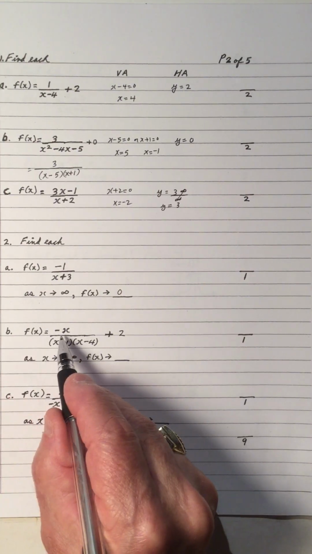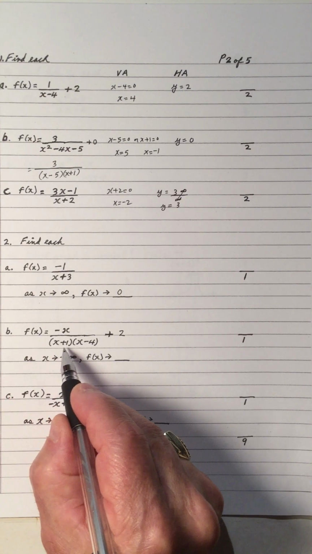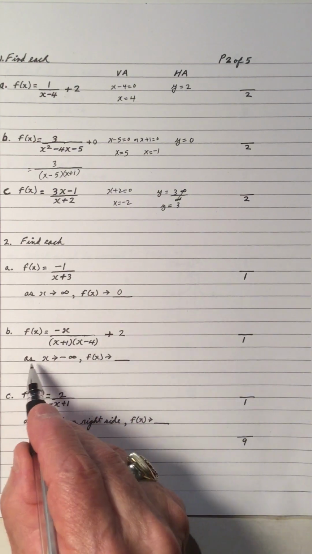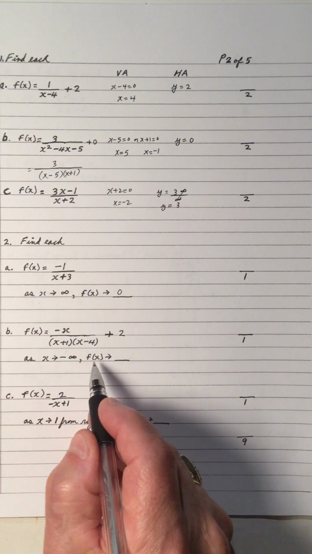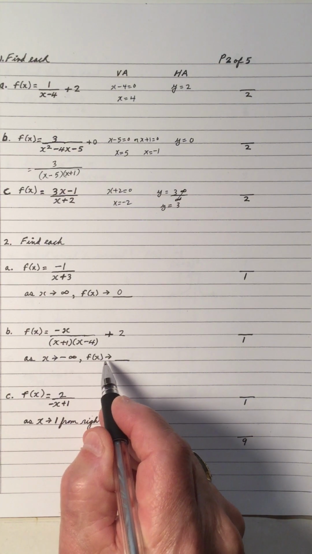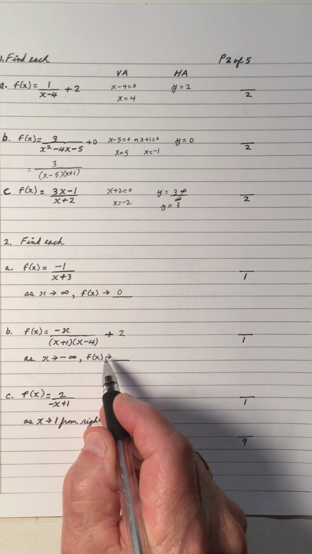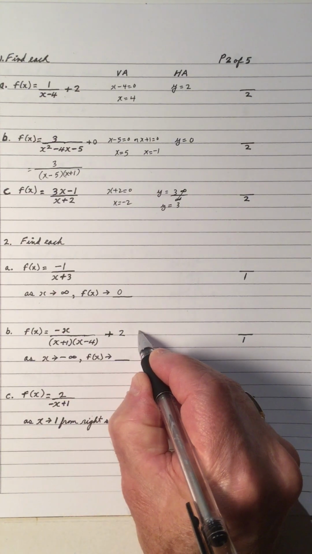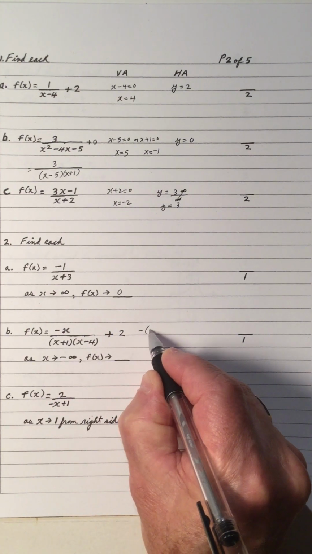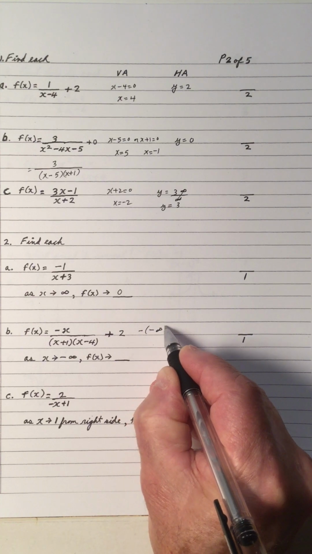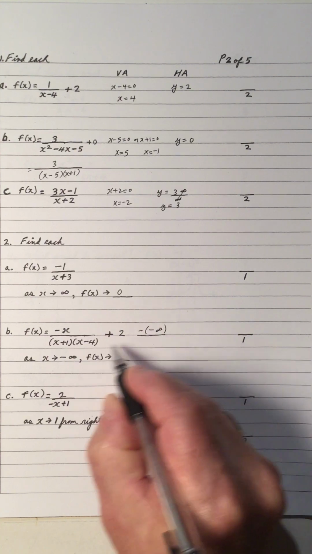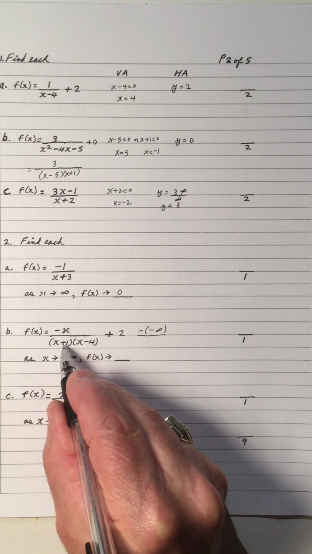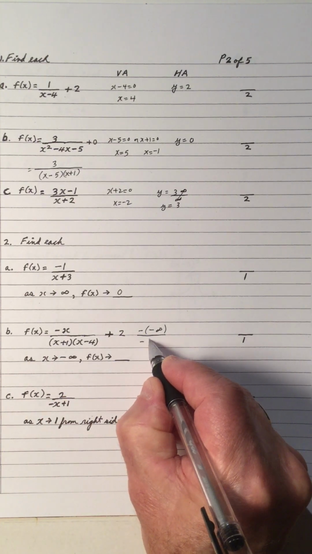B, f of x equals negative x over x squared plus 1, x minus 4, add on 2. So as x goes to negative infinity, the f of x is approaching what number? Well, let's see, we got negative infinity for the x getting large, and we got negative infinity here, plus 1, so that's a negative infinity.